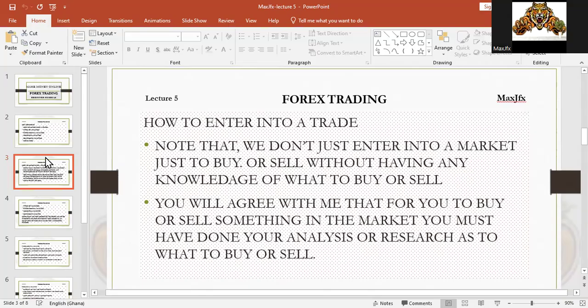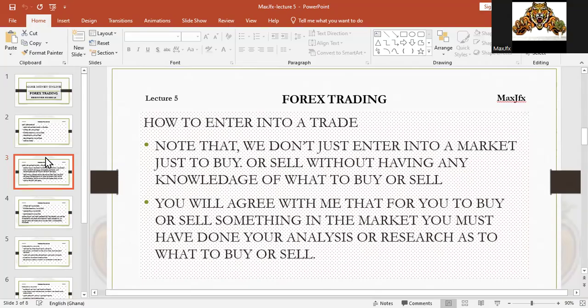In order to buy something, we already know the price we want to buy, we have a budget of the amount of money to spend, and we also know the items we are going to buy. In the same scenario, we trade the forex market.